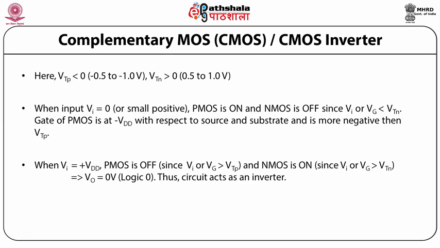Now when Vi is equal to plus VDD, PMOS is off since Vi or Vg is greater than VTP and NMOS is on. Since Vi or Vg is greater than VTN, this implies Vo is equal to 0 volts, that is the logic 0, and thus the circuit acts as the inverter.